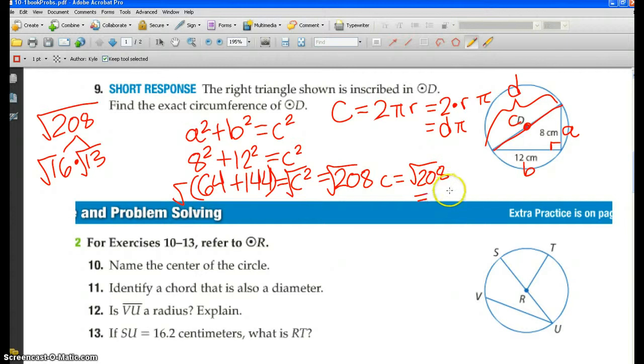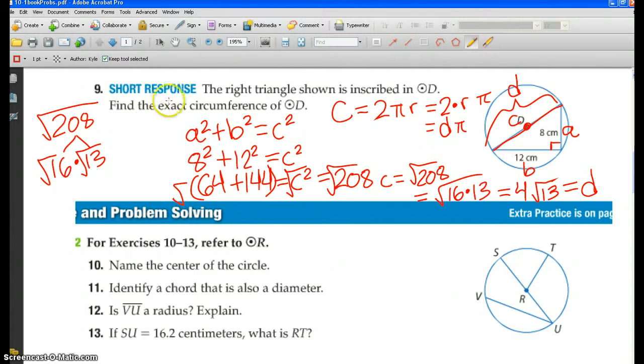So I would simplify the square root of 208 to the square root of 16 times 13, where the square root of 16 is 4. So we get 4 square root of 13. And that is our diameter.